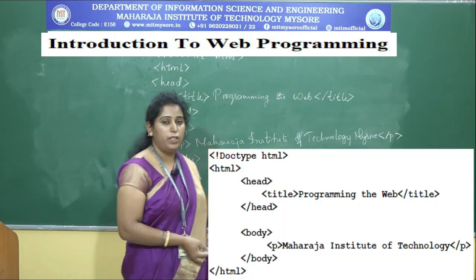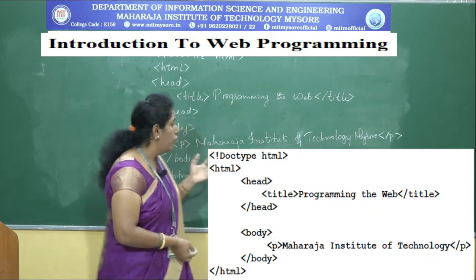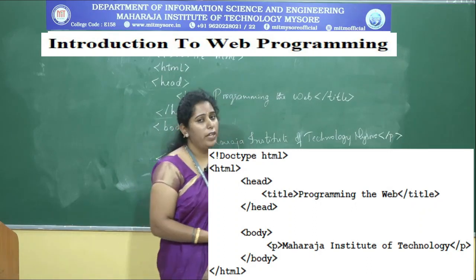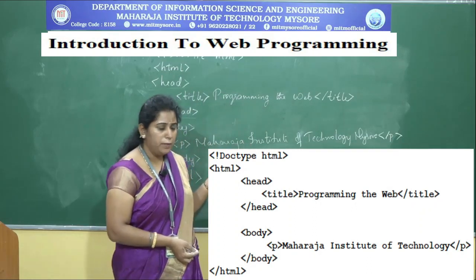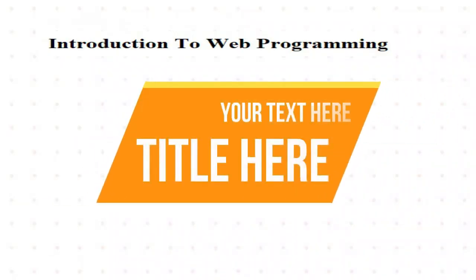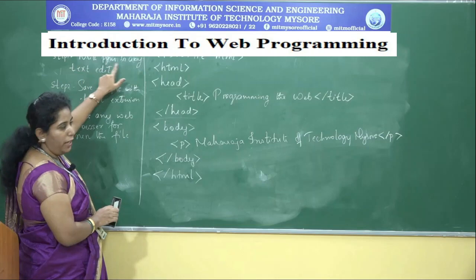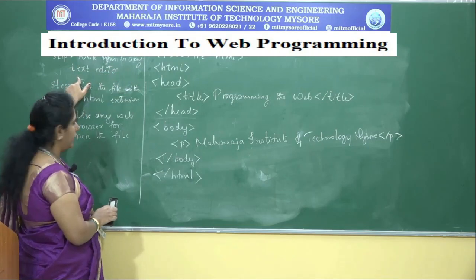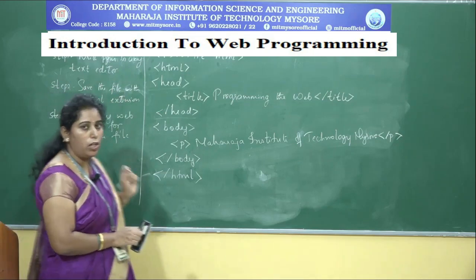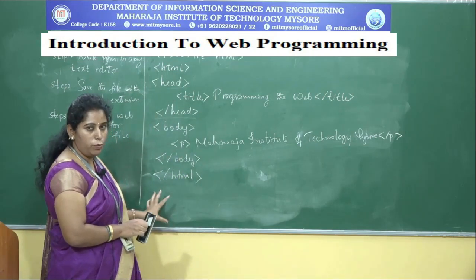Before that, where to type this program and how to execute this program is very important. Any HTML program can be typed in any type of editor or on Notepad. The following steps need to be carried out while executing an HTML program. The first step is to write a program using any text editor. The second step is to save the file with the .html extension. For example, this is one simple HTML program I have written.